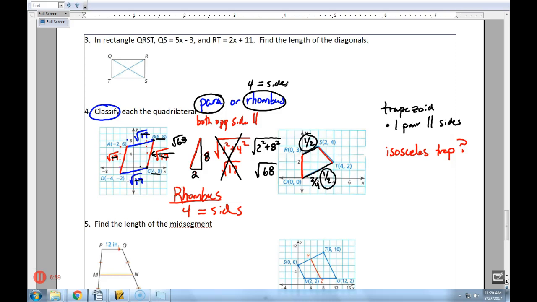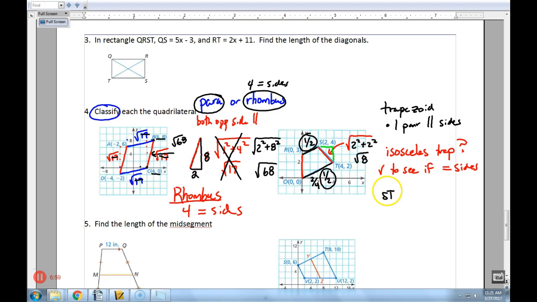However, to be an isosceles trapezoid, I have to check to see if it has equal legs. And I can do that using the Pythagorean theorem. This little one here, well, that slant, if I make a little right triangle out of it, it's 2 by 2. So that would be 2 squared plus 2 squared. So that would be the square root of 8.